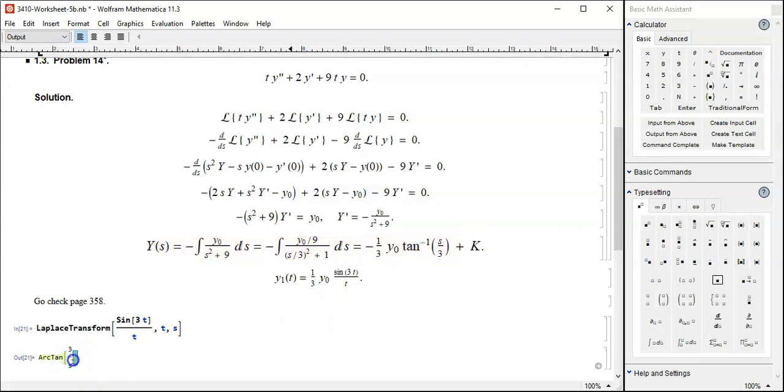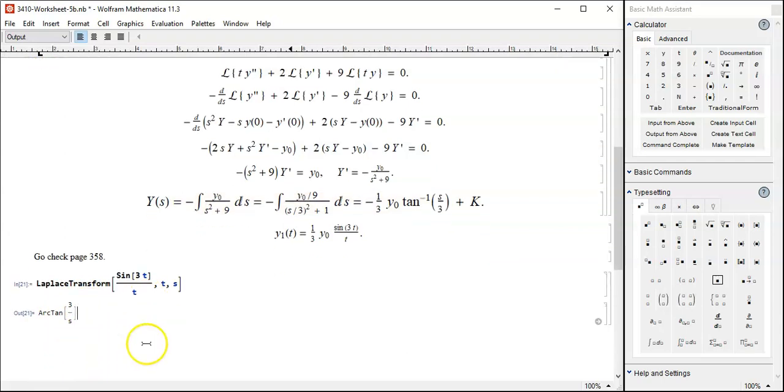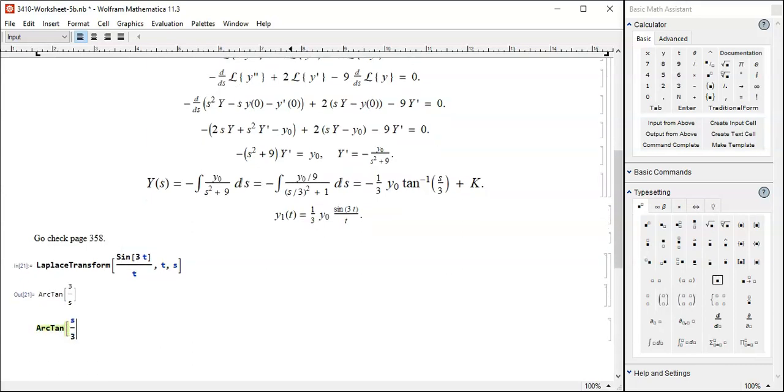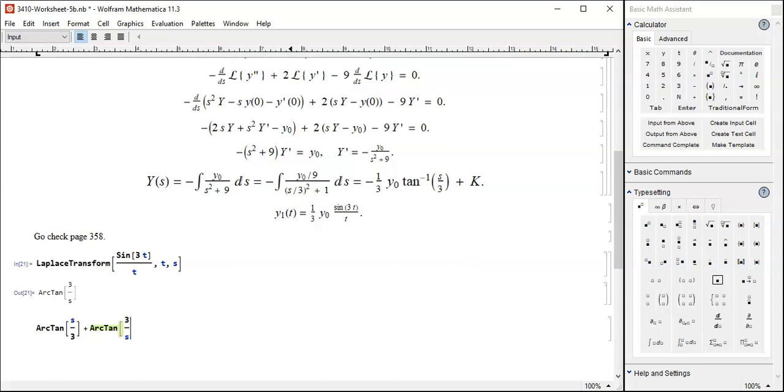By the way, what about this arctangent of 3 over s versus arctangent of s over 3? As a matter of fact, s over 3 plus 3 over s, and then simplify. You're going to get a constant. Okay, let's do it this way.